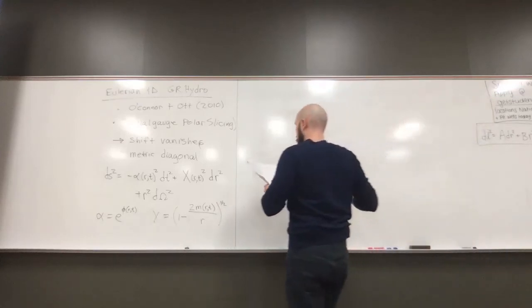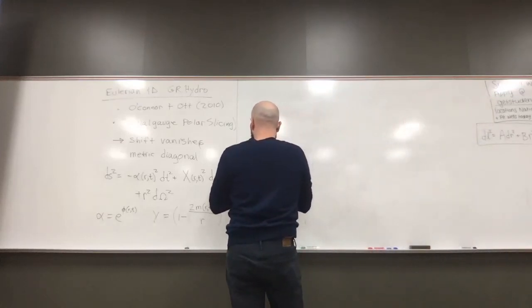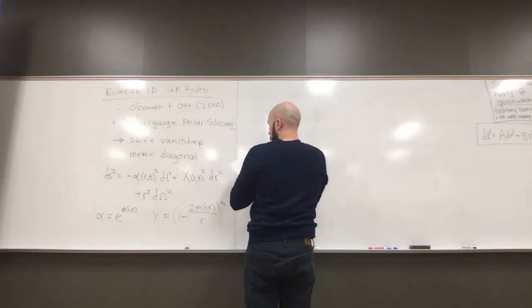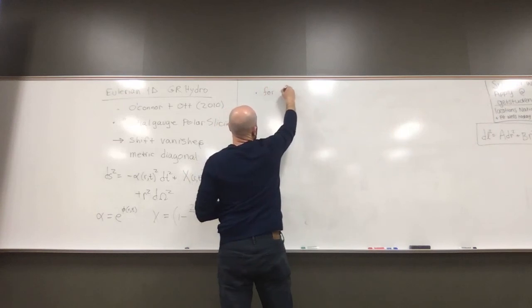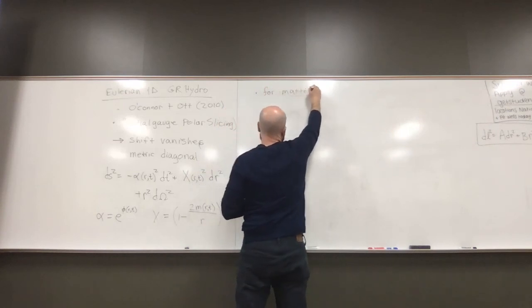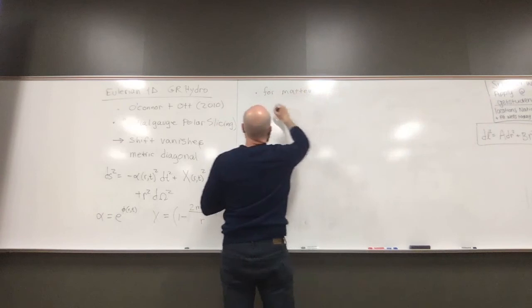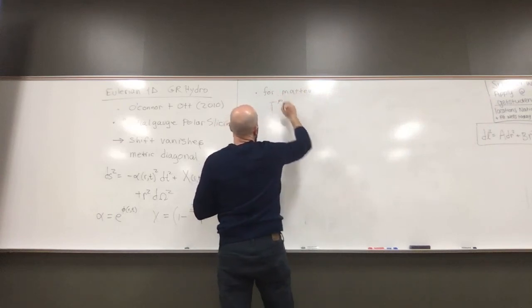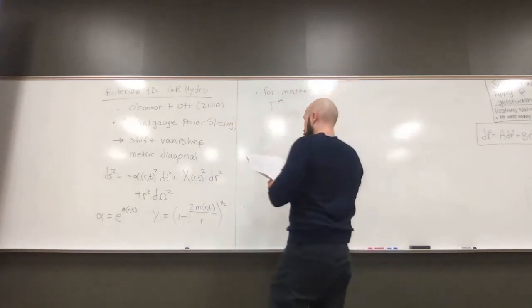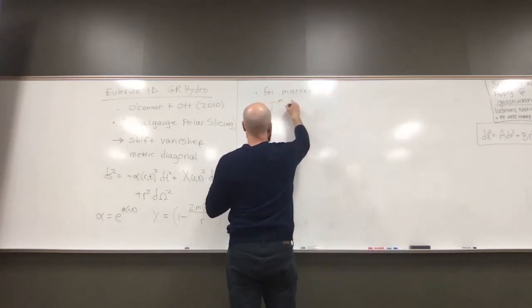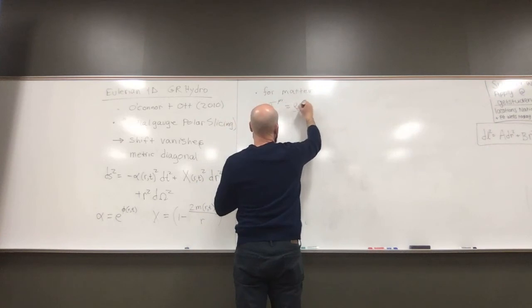Actually, it becomes pretty simple once you write it all down. Okay, let's do that. For matter, we're going to do the usual thing. I'm going to use T mu nu, with Greek indices because that's what the paper does, and I don't want to screw up and get the wrong things in the wrong place.